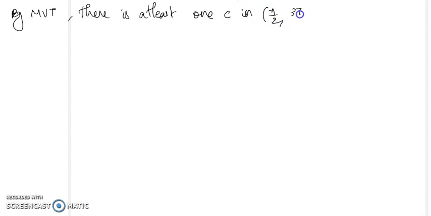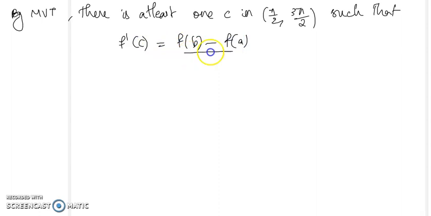So by mean value theorem, there is at least one c in the open interval pi by 2 to 3 pi by 2 such that f dash of c is equal to fb minus fa by b minus a. So that implies f dash of c will be equal to 0 by 3 pi by 2 minus pi by 2.